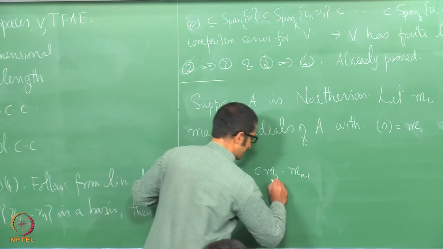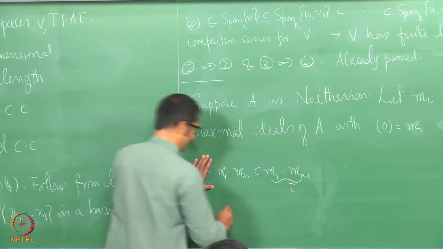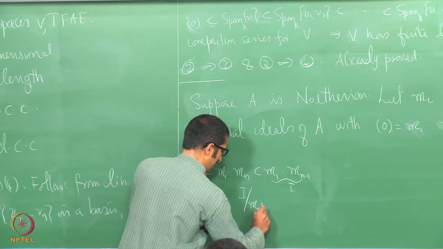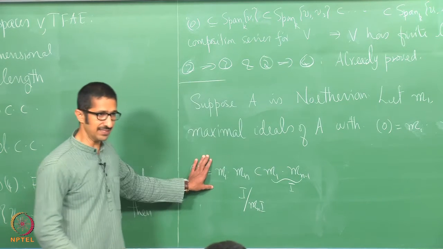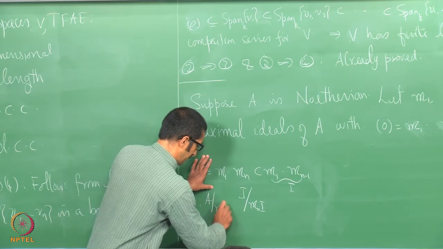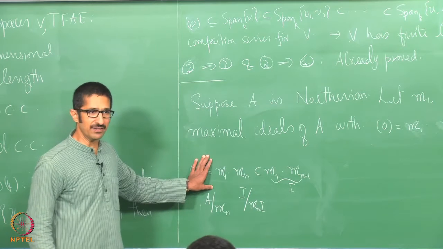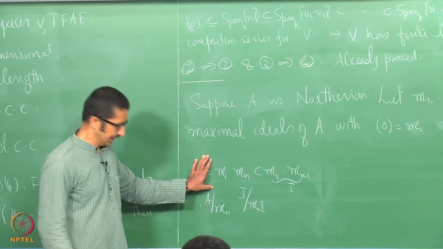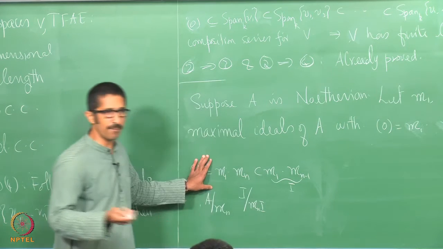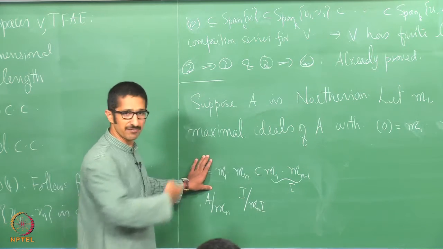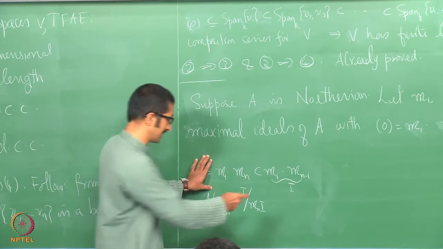If I call this ideal I, this is nothing but I mod MnI. This is a module over A mod Mn, or in other words it is a vector space. If it is of dimension 1, then the previous proposition will say that it is simple.